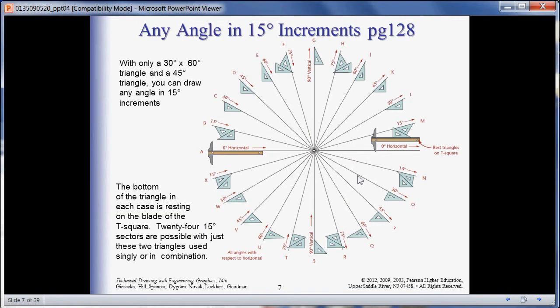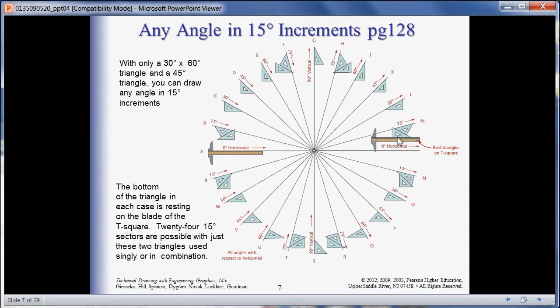And here, this is kind of an important sheet. So I would say label this so that you can come back and refer to how to make different types of angles exclusively with your T-square and with a combination of the 30, 60, 90 triangle with the 45-degree triangle. Most notably, say the 75 degrees here. You would lay a 30-degree triangle here with a 45-degree, so that would be 30 plus 45, which is 75 degrees.